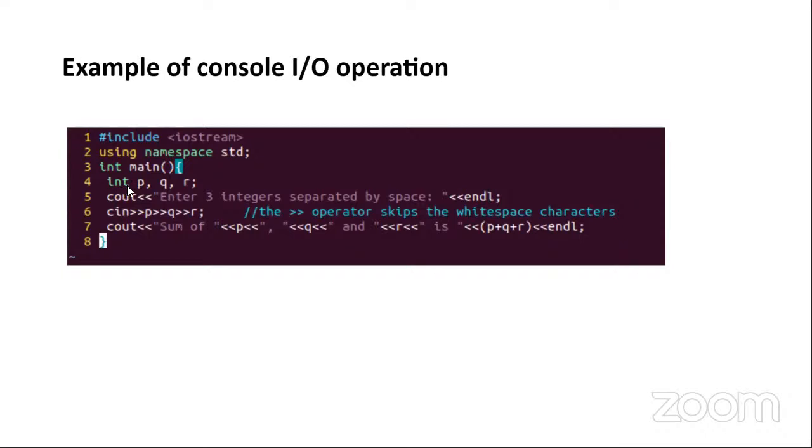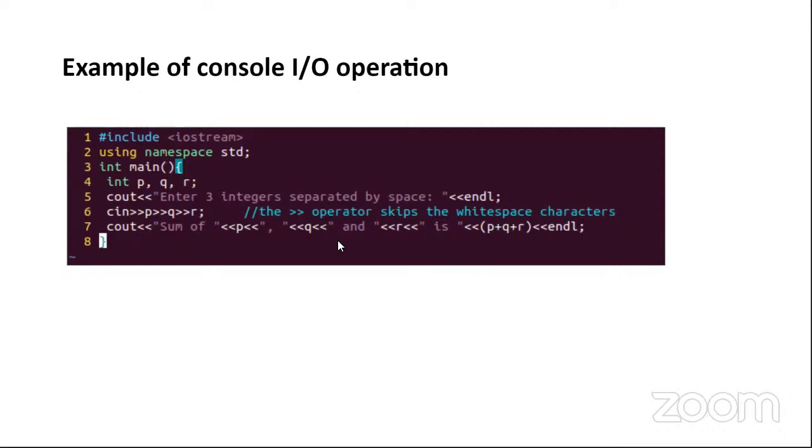Integers p and q are declared, and we print on the console to enter 3 integers, and we take input from the keyboard, and we will return the sum of those integers.